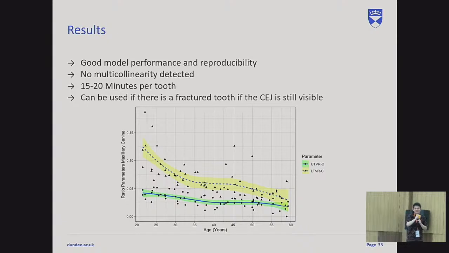Imagine. Jadi kalau misalkan kita dalam DVI, lalu kita menemui hanya mahkota saja atau akar saja, selama patahannya masih ada CEJ-nya, itu kita masih bisa hitung umurnya. Karena kedua variabel itu independen. Mereka tidak bergantung satu sama lain.